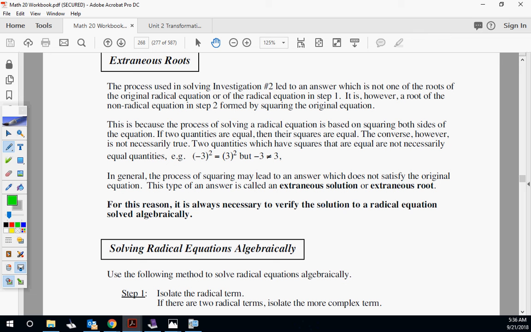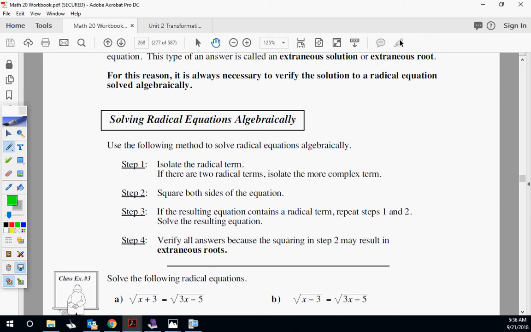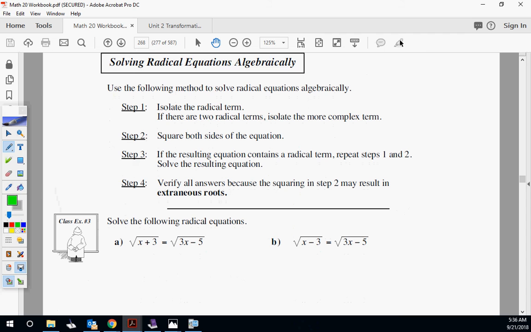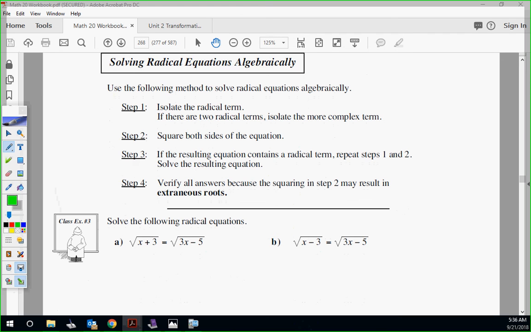For this reason, it's always necessary to verify. It's not just an extra step you don't need to do. You absolutely need to do it. One thing you can say good things and bad things about the books you use. The really good thing about these workbooks is that their flow charts for solving, steps 1 through 4, are actually quite good.